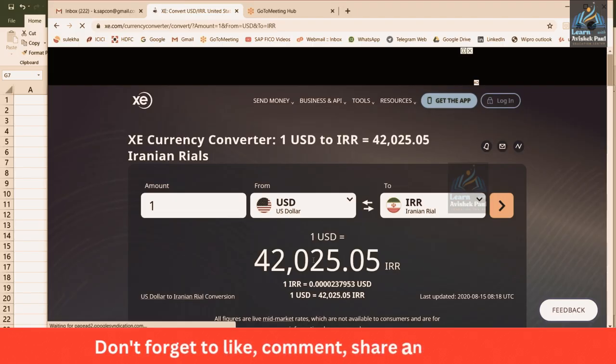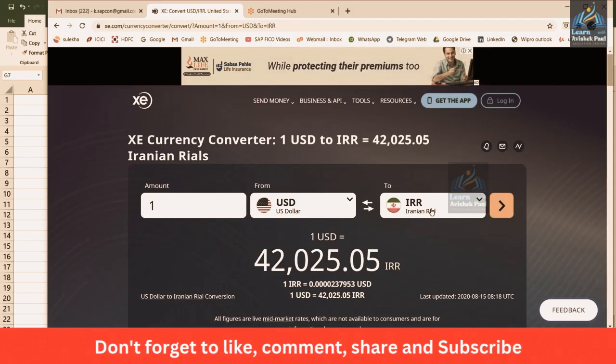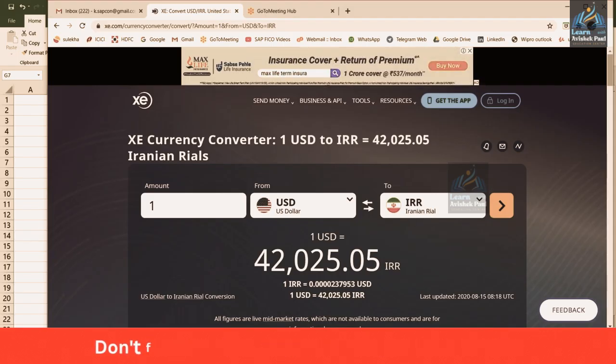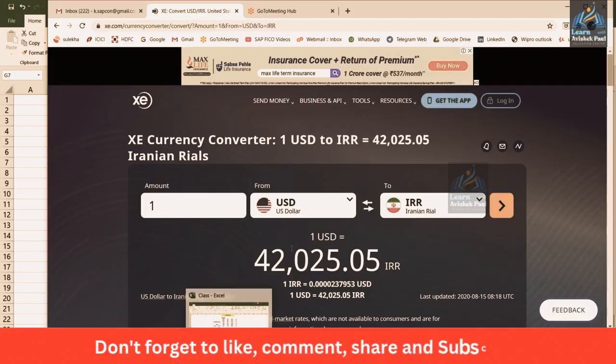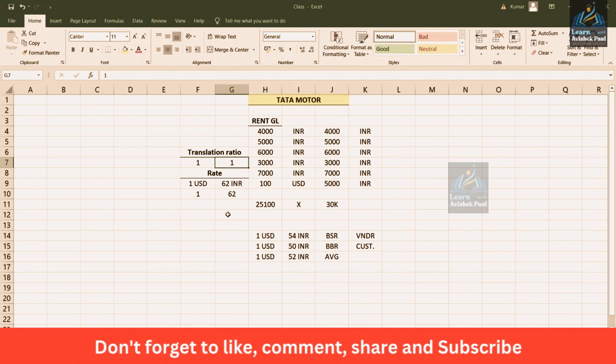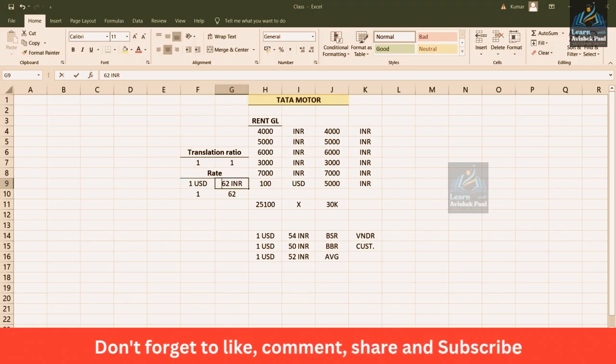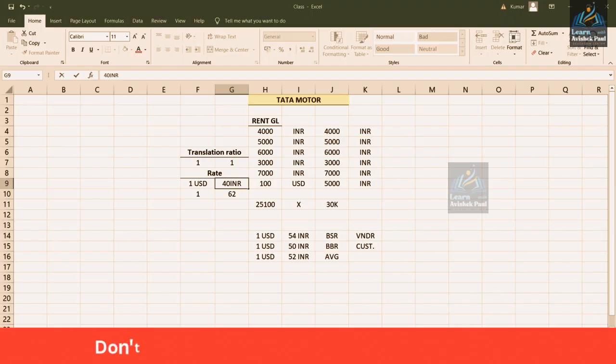So say for example, take example of India itself, right? Instead of USD versus IRR, IRR in the sense Iranian rial, let's suppose take example of Indian currency itself. And this is 42,000. I'll just quote in round figures. Say for example, here in India itself, inflation rate is quite high, and 1 USD equals to, let's suppose, 40,000 INR, if that is the rate.